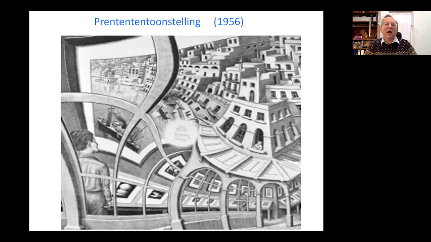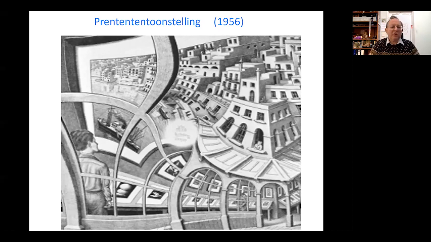I'll finish talking about Escher by telling you about what he actually regarded as his greatest piece of work, and is certainly from a mathematical point of view absolutely wonderful. This piece of work is called the Prentententoonstelling, which my Dutch isn't very good. It should be better given my son's there, but it means the printing room.